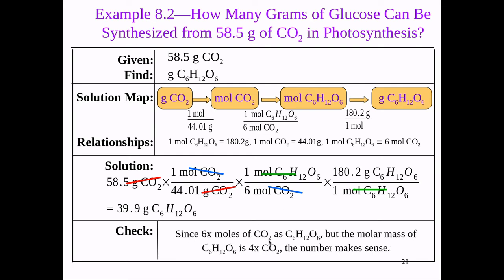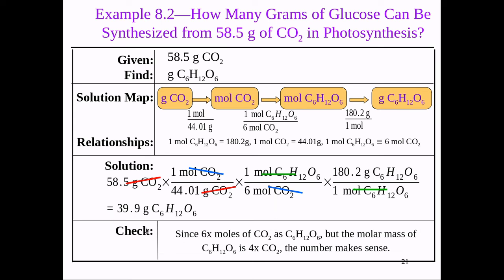So since 6 times as much CO2 is required in order to produce the glucose, but the molar mass of glucose is only 4 times that of CO2, the number makes sense. So now, because we have multiple steps, we kind of have competing things between their molar masses here and this relationship here.